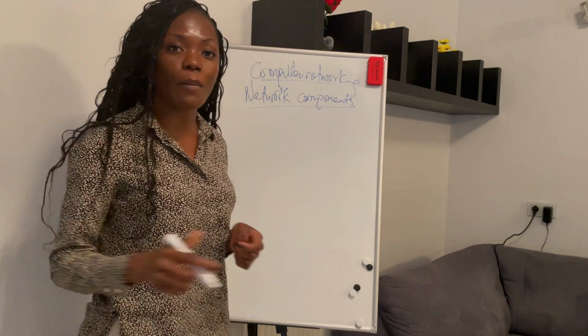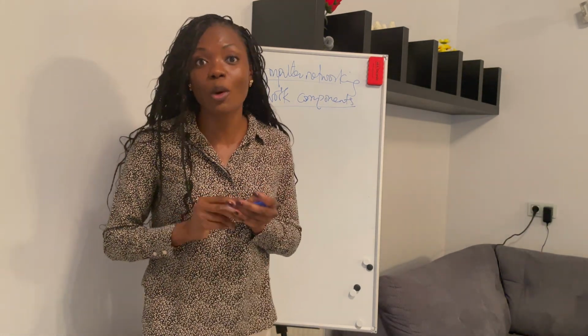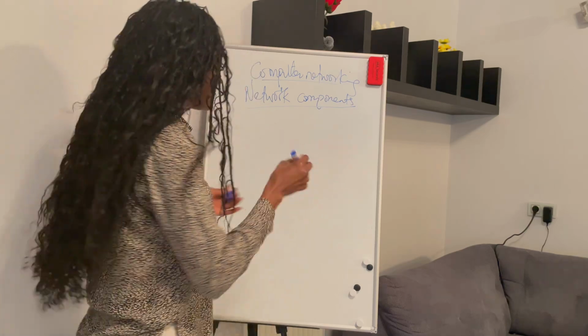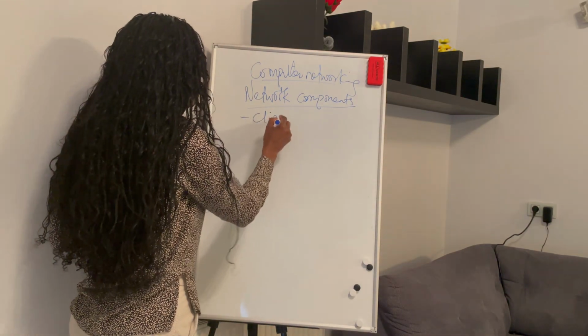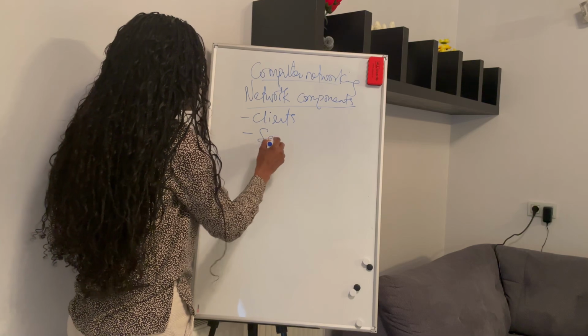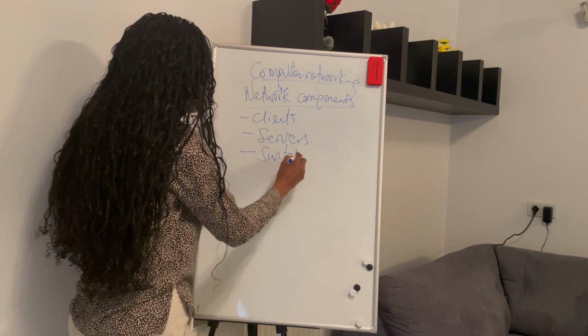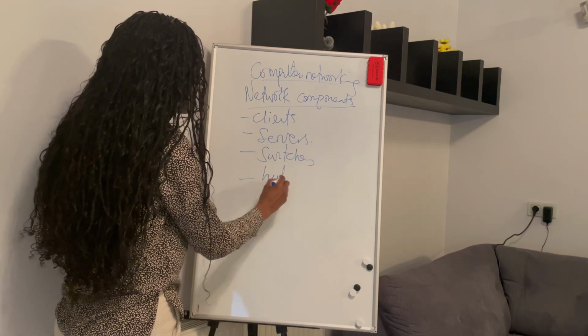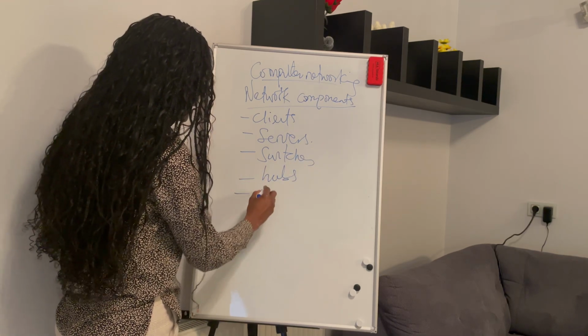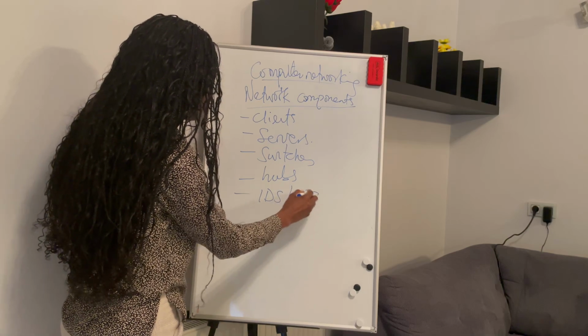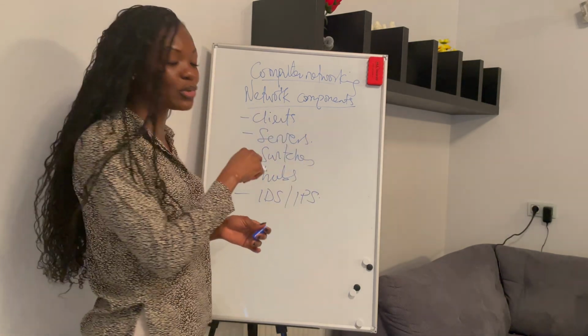So for network components, what are the components that could make up a network? We have things like clients, servers, switches, hubs, IDS, IPS. If you remember properly, in previous lessons I mentioned these two.